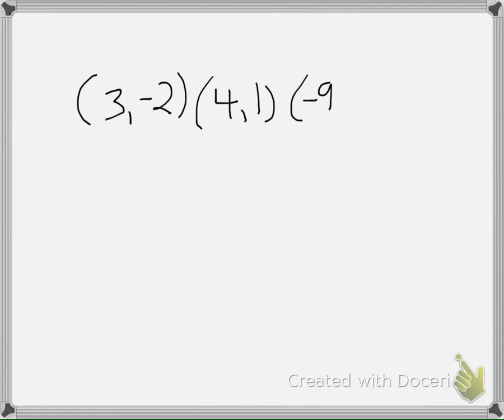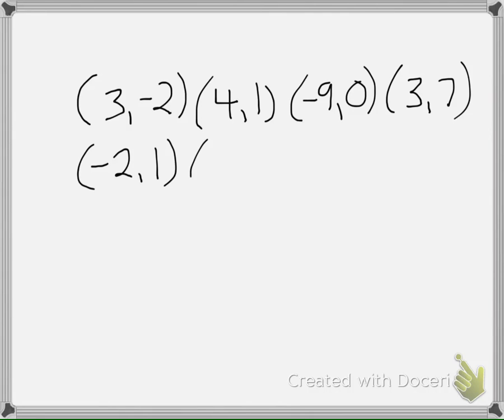So what that means is that if I have, say, a set of ordered pairs, say, for instance, I have 3, -2, and I have 4, 1, and I have -9, 0, and 3, 7, and -2, 1, and 5, -1.